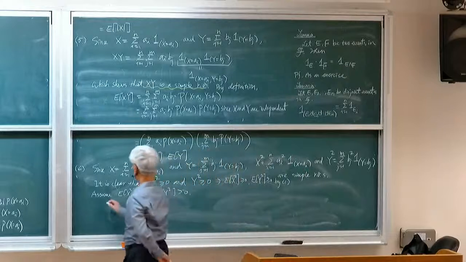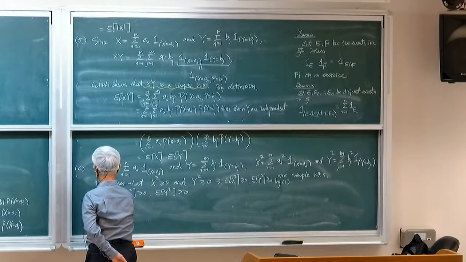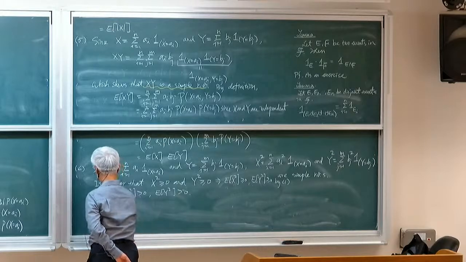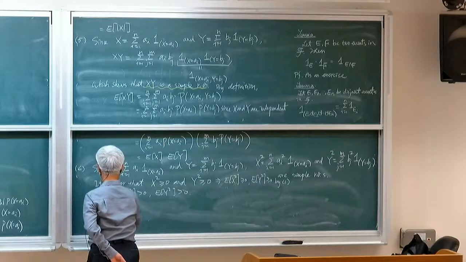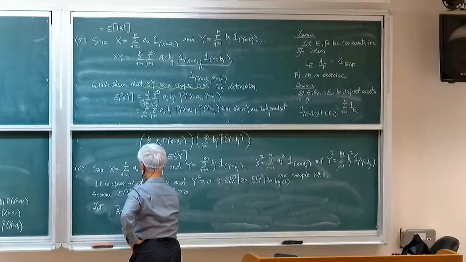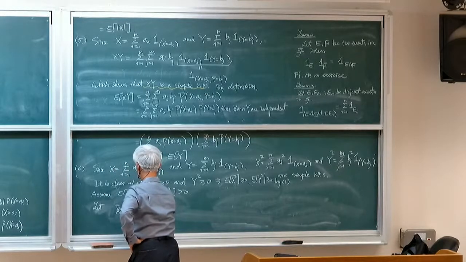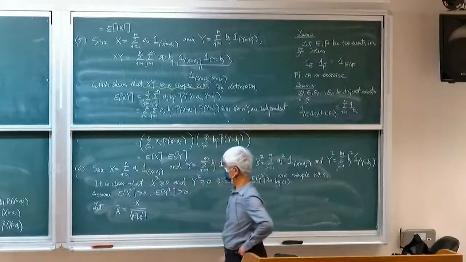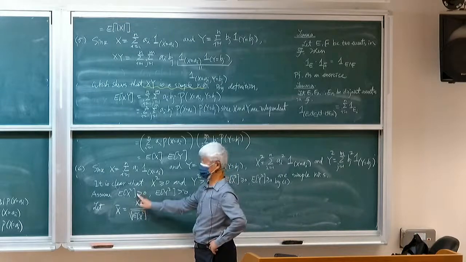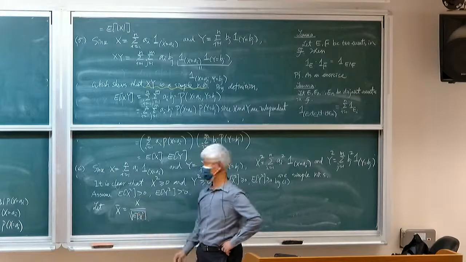We assume both of them are greater than 0, and so we define x bar. It is a kind of normalization. We divide x by a constant, and because it's greater than 0, we can put it in the denominator.